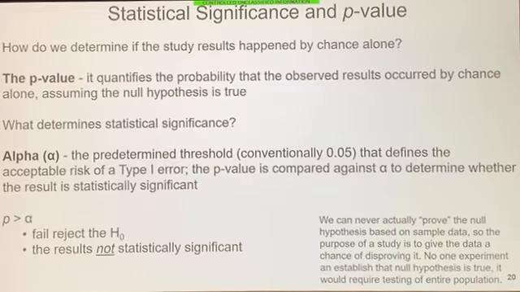But we can never prove whether a null hypothesis is true. We can only say that from the sample we pulled, we didn't see any differences. And not seeing any differences can be based on a number of variables, such as the variability of the population. So we can never disprove a null hypothesis.